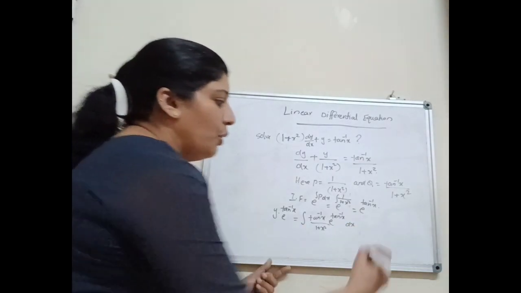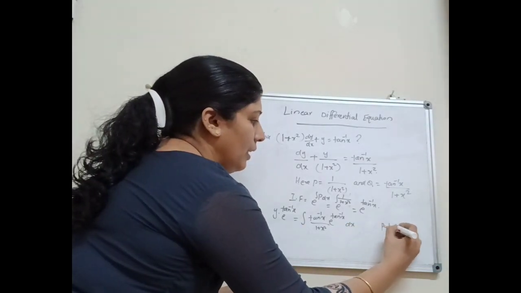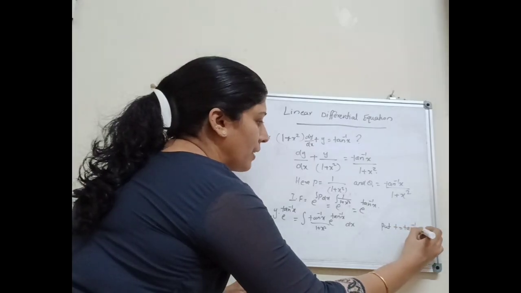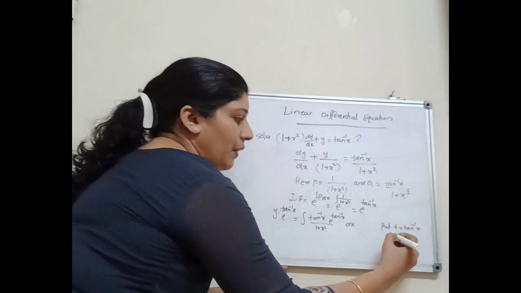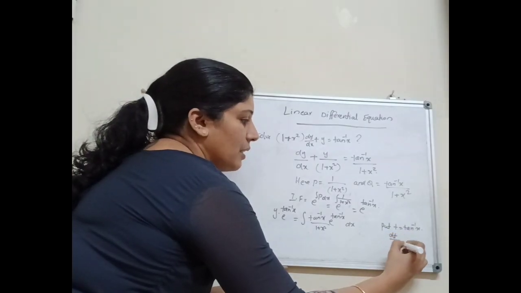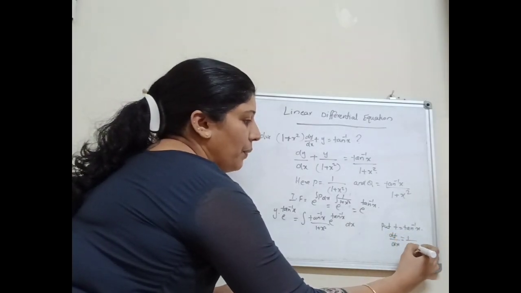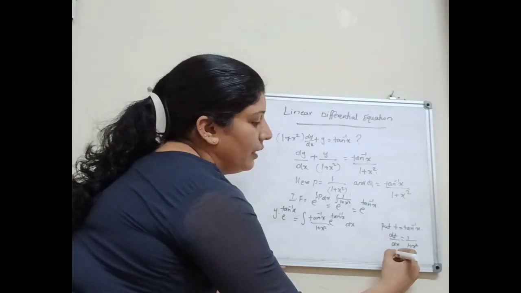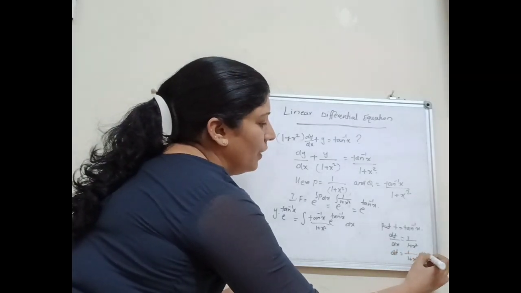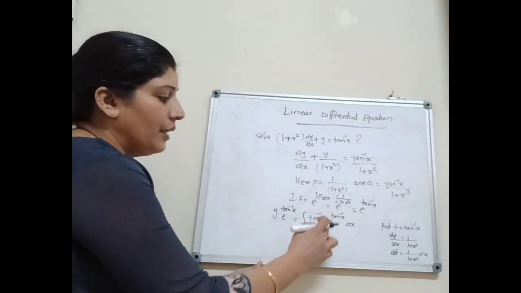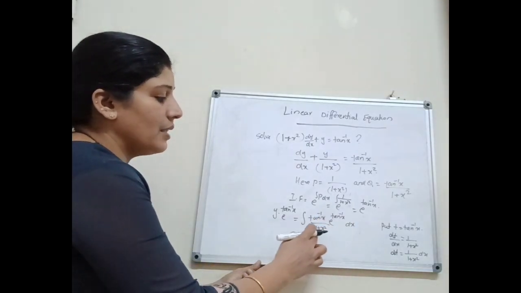Next, put t equal to tan inverse of x. Here we have to apply substitution, t equal to tan inverse of x. Therefore, dt by dx equal to what? 1 by (1 plus x square). dt equal to 1 by (1 plus x square) into dx.